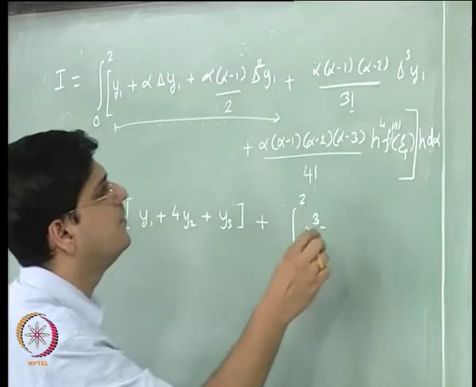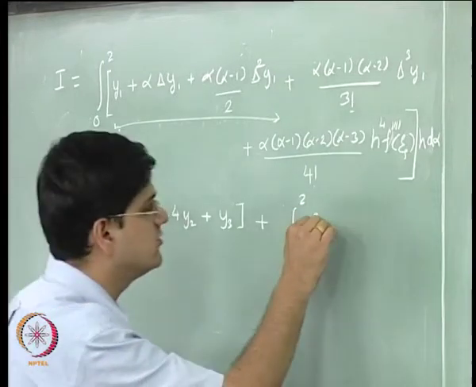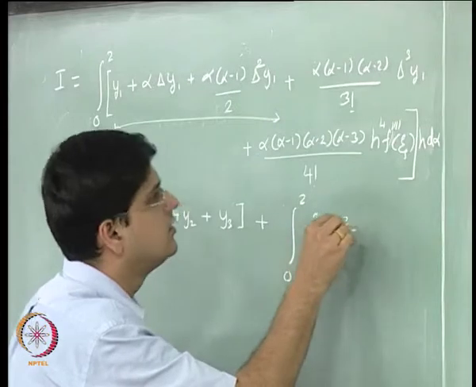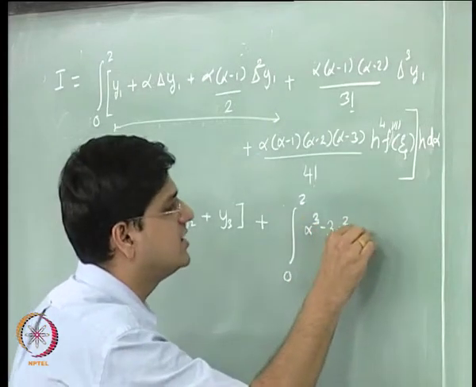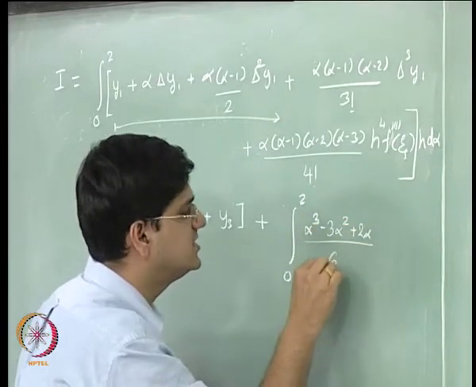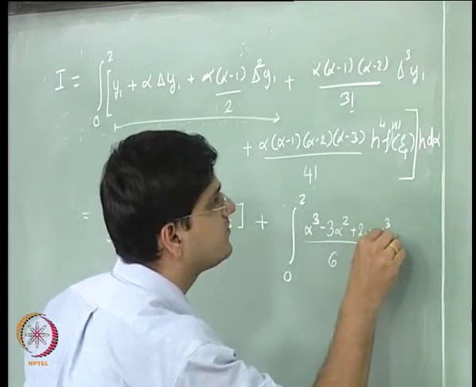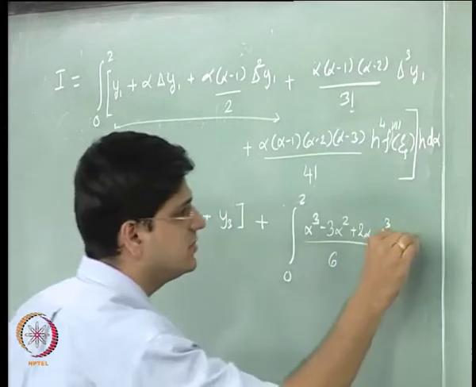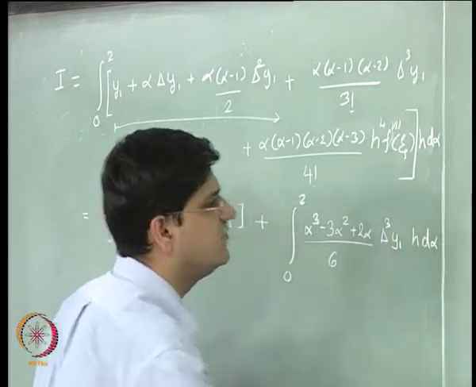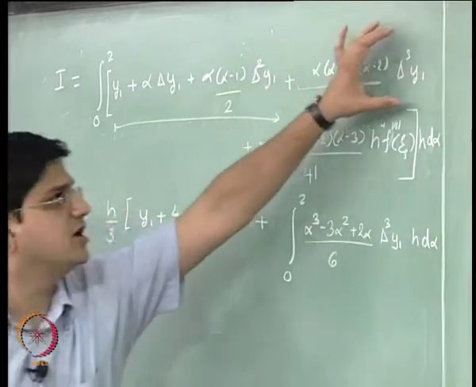So, alpha cubed minus 3 times alpha squared plus 2 times alpha, divided by 6, which is 3 factorial, multiplied by delta cubed y1 h d alpha, is this particular term.